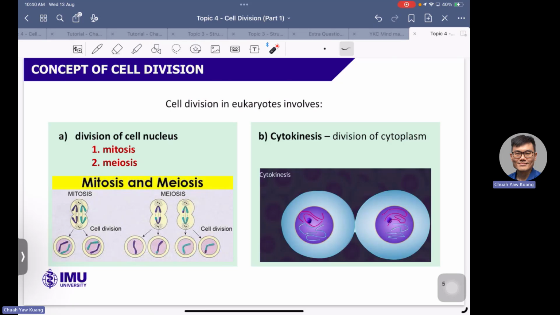How are they going to divide the nucleus? After mitosis and meiosis, it has to be followed by cytokinesis. This one separates the nucleus, this one separates the cytoplasm. Only then can one cell become 2 cells.